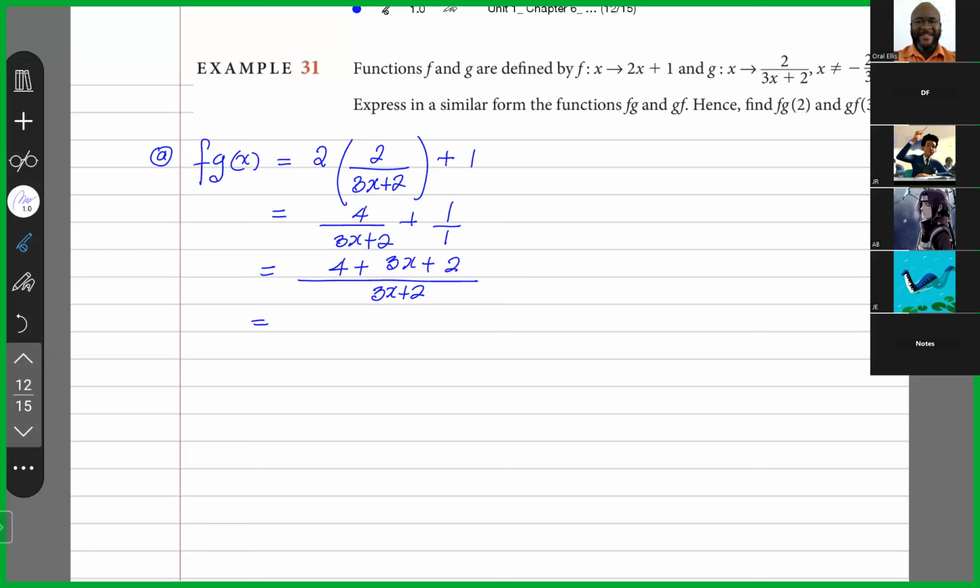So as a single fraction, f of g of x is, sorry, let us say 3x plus 6 over 3x plus 2.